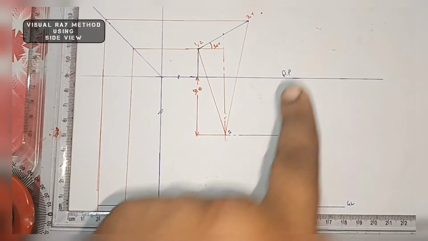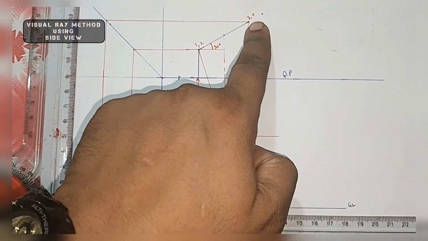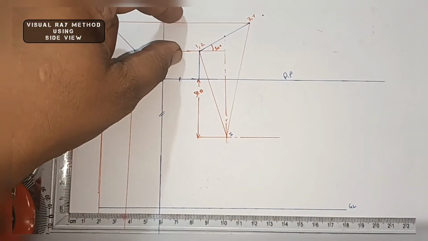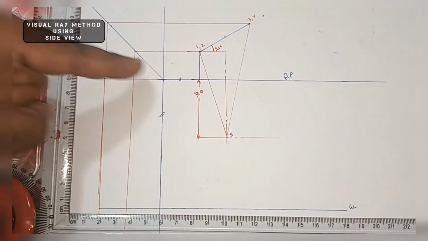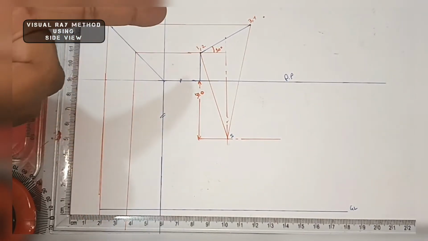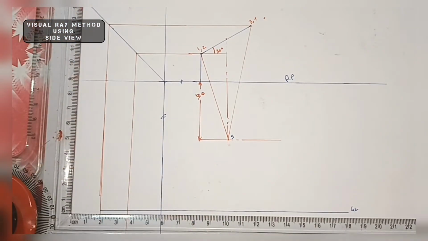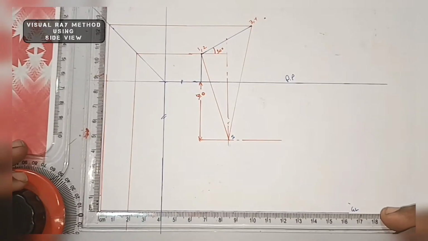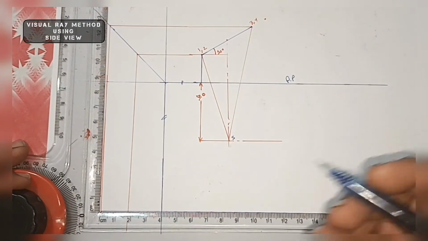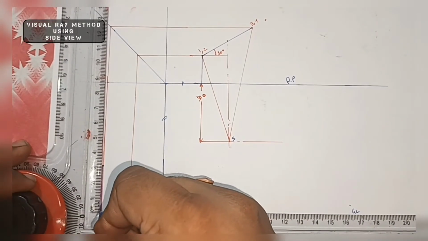If you see from this side, you will get a rectangle or square type view, as you know from earlier orthographic projection. So what would be the height of that? The height would be the same as 30, because its dimension is 35, 40.